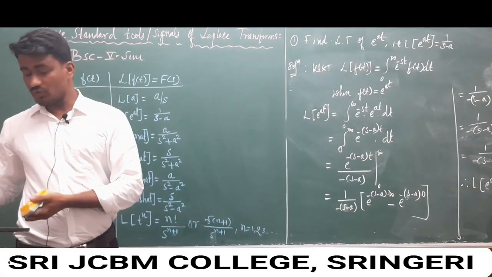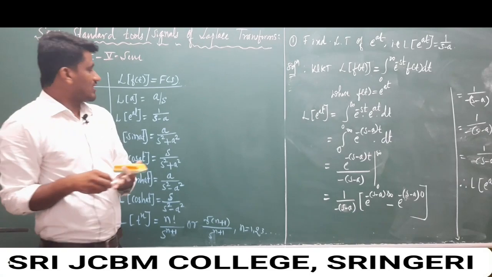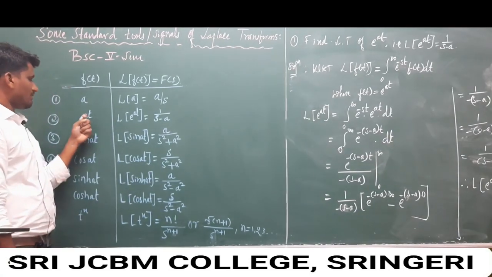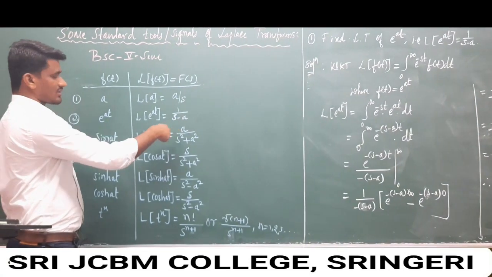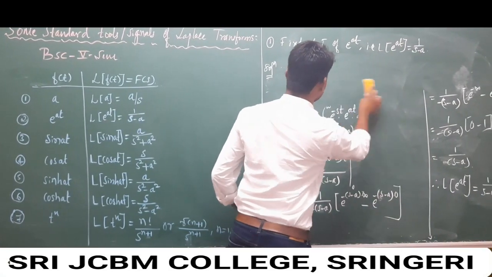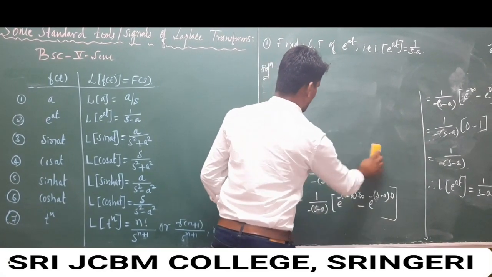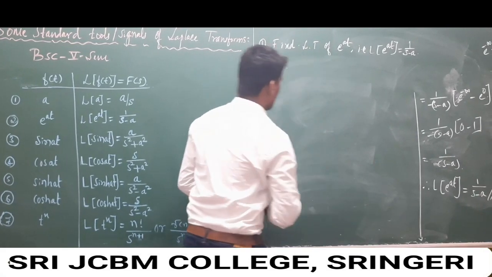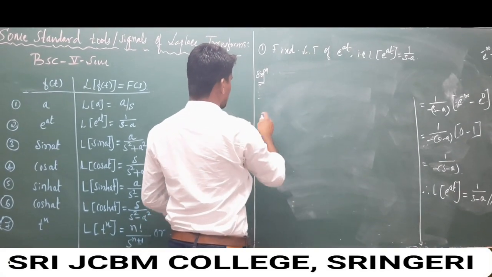Suppose the exponential function is e to the power minus at, then just the sign will be changed. Just take a note.